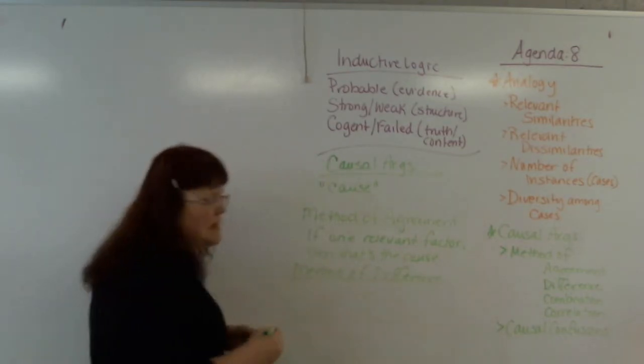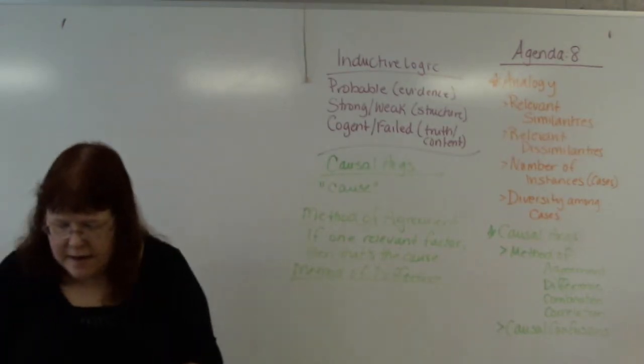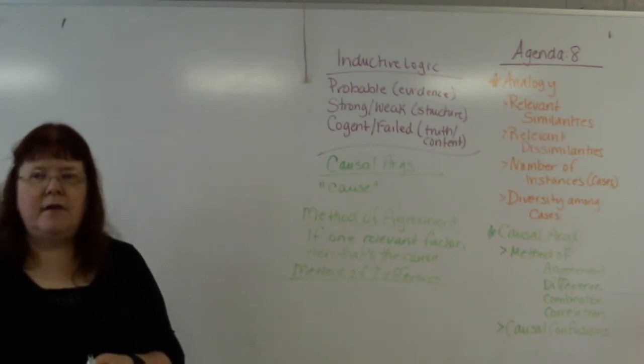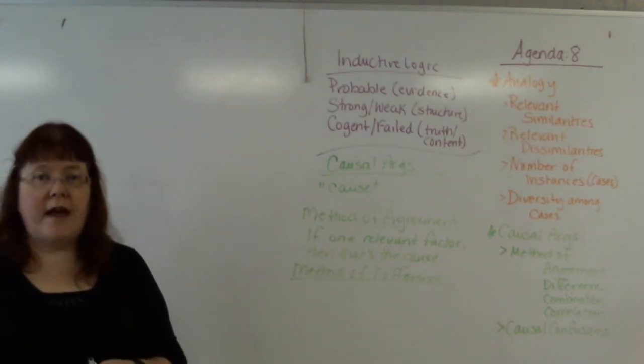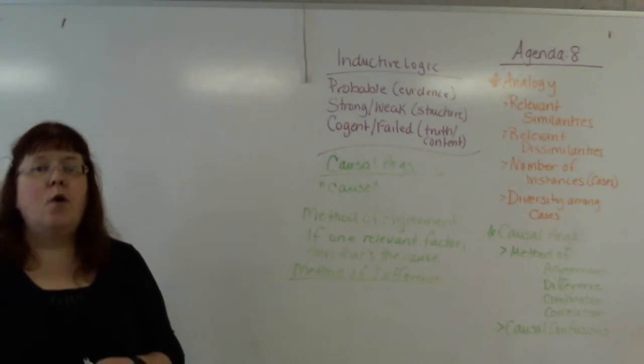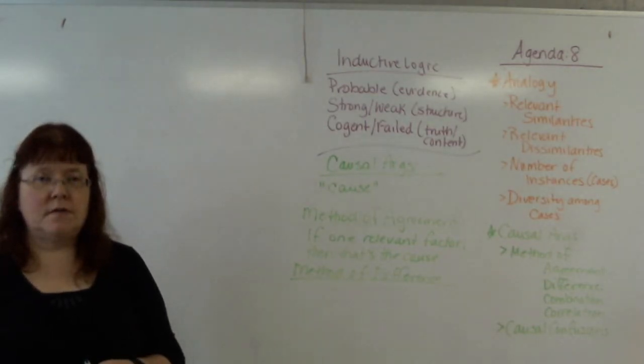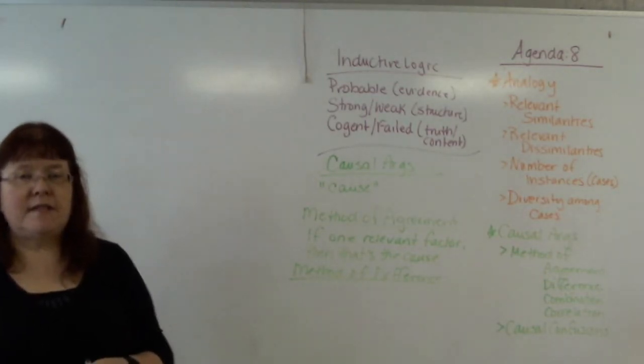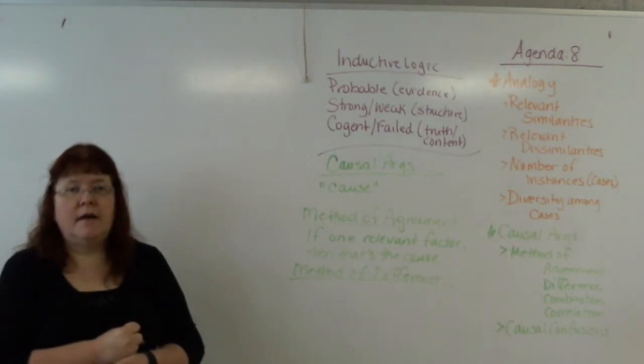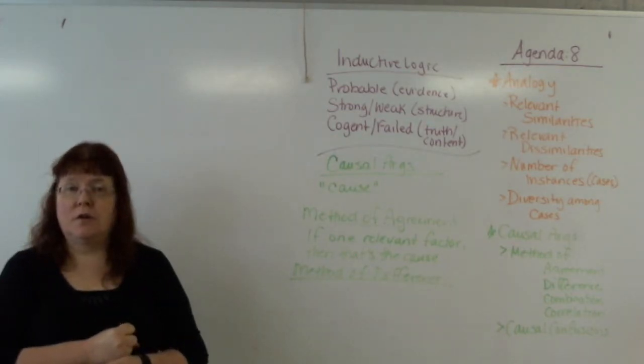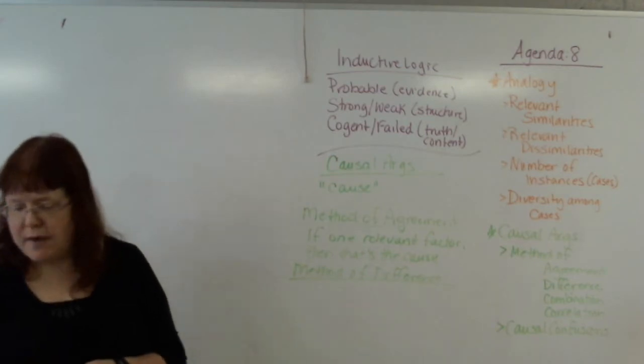The method of difference basically says if this particular relevant factor is present when the phenomenon occurs, and then we take that relevant factor away and the phenomenon can't occur, then that relevant factor is what caused it.